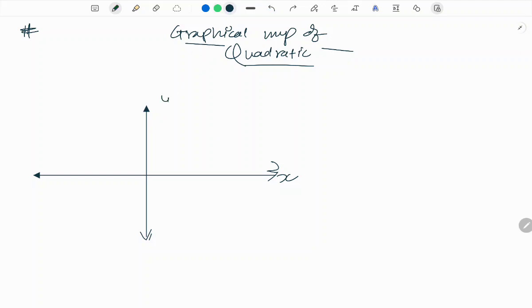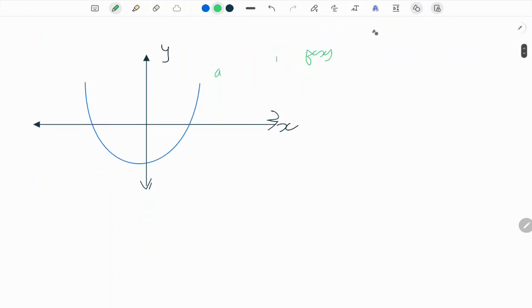Let this be a graph and let the equation be ax square plus bx plus c is equal to f of x. So now how does it determine?